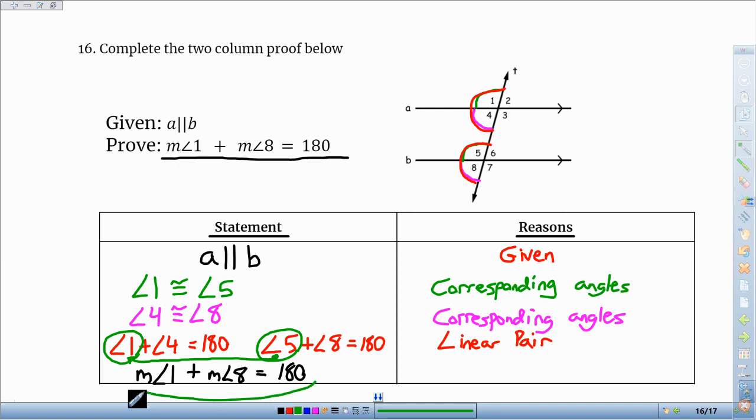And that's literally what my proof is asking me to prove. So that is what I've just done, I've proved that angle 1 plus angle 8 does equal 180. Why do we know that? When we swap numbers and we make this relationship, it's called the transitive property.